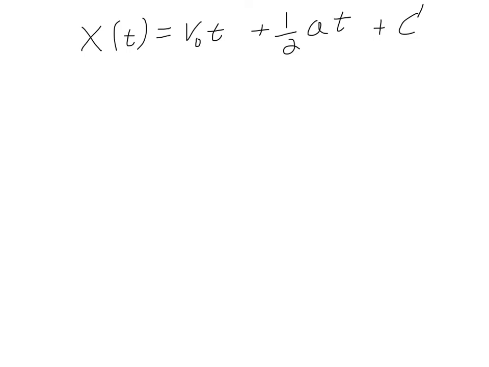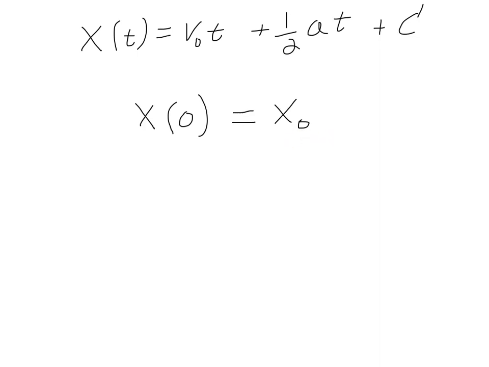So we have for our equation of x of t equals v naught t plus 1/2 at squared plus c. And in order to figure out what c is, we need some initial conditions, like for instance, at time equals 0, the position is x naught.